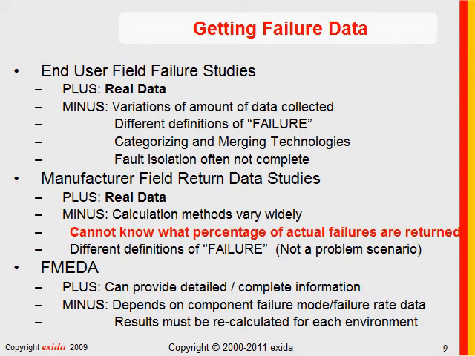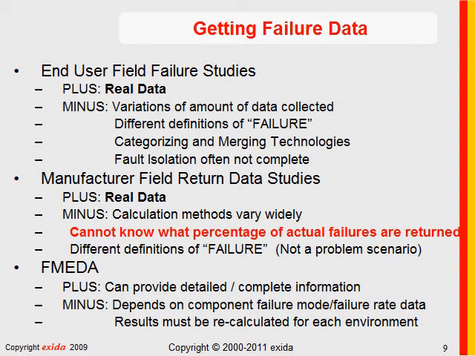Now, when we got into the reality of the world, I learned that the professor in grad school was a wee bit idealistic. In fact, data from end-user failure records varies substantially. There are variations in the amount of data collected. There are fundamentally different definitions of failure from site to site and from country to country.